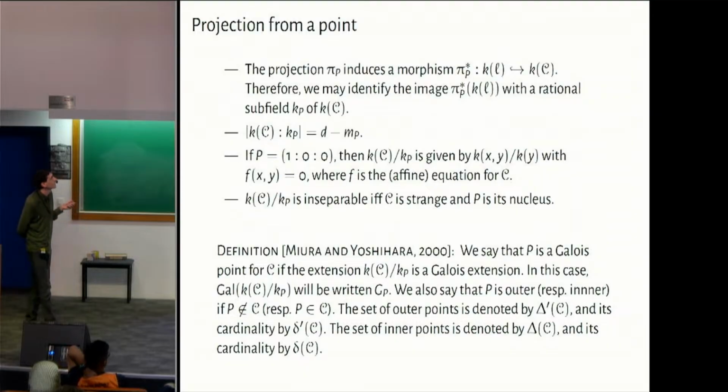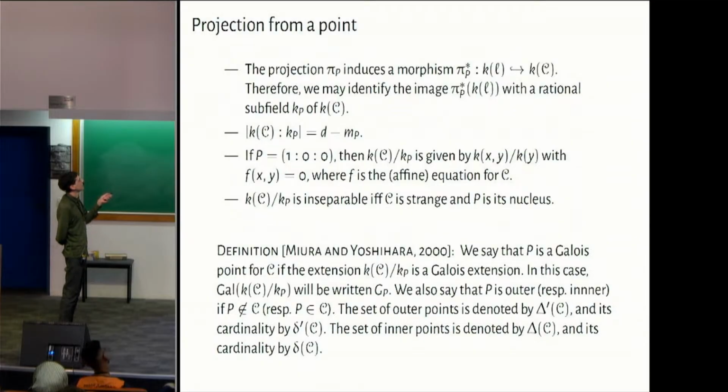Some properties: for instance, it has degree d minus mP, where mP is the multiplicity of the point from where you are projecting.